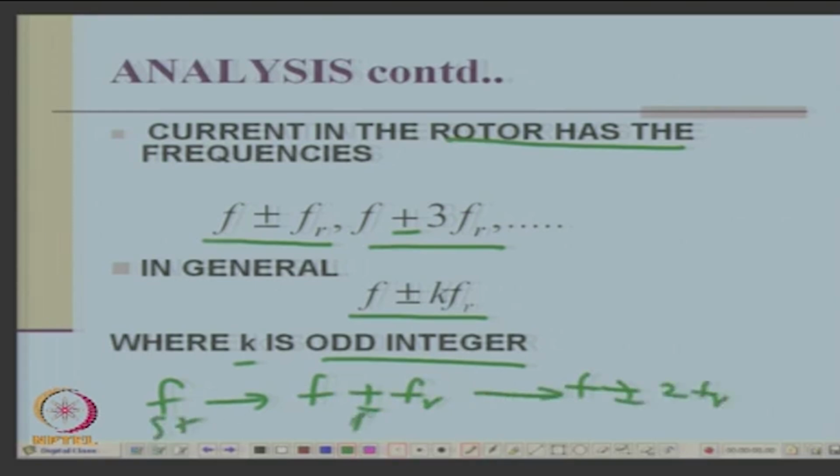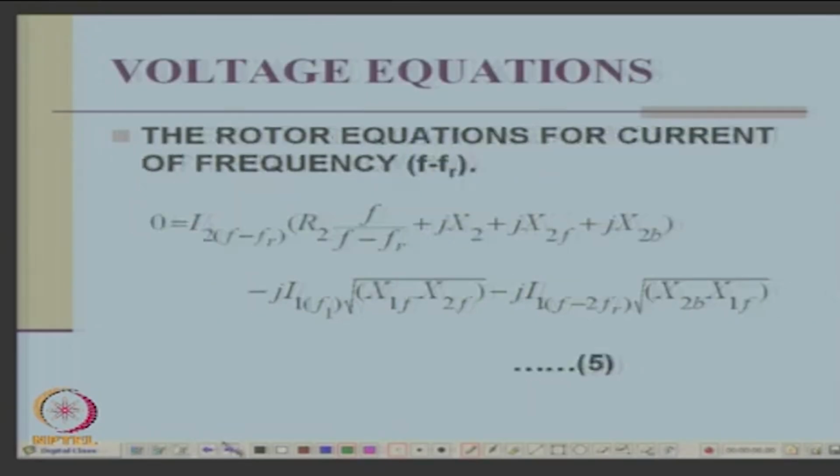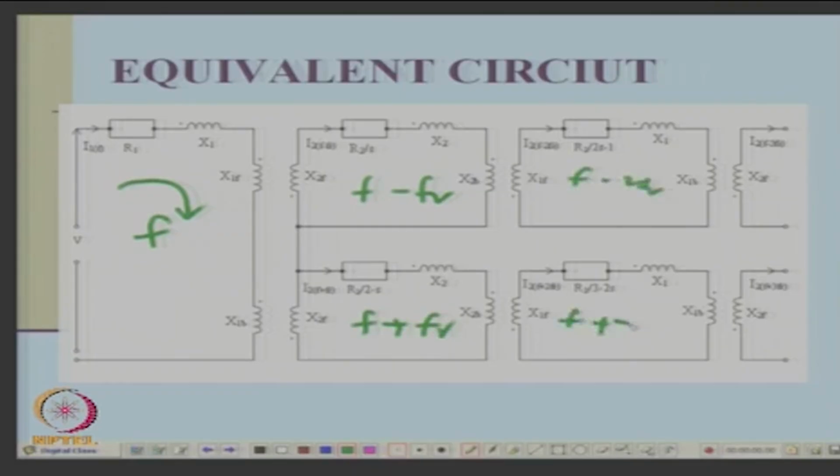This is stator, rotor, stator, continuing like that ad infinitum. In fact, we can represent it like a circuit. You will have f here, then f minus fr, f plus fr, then it will come back to the stator with f minus 2 fr, f plus 2 fr. So you have an equivalent circuit which goes on infinitely.